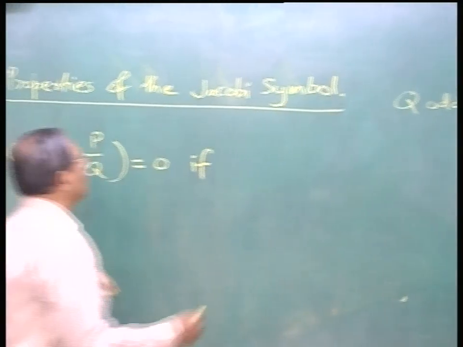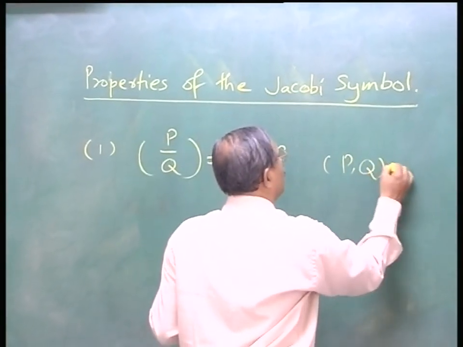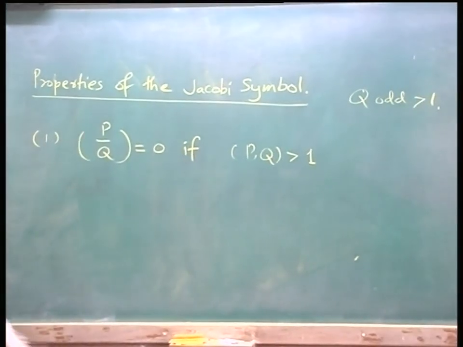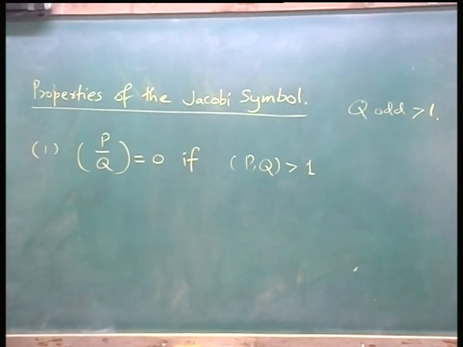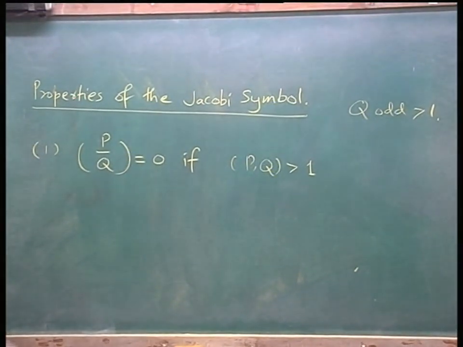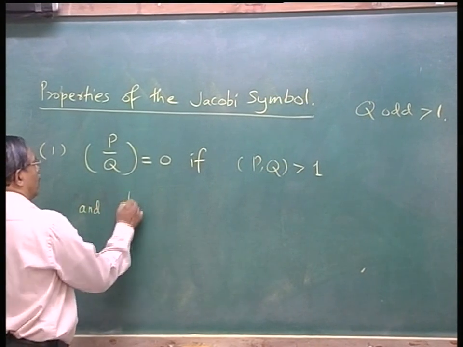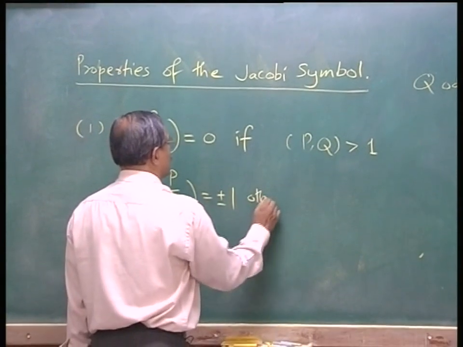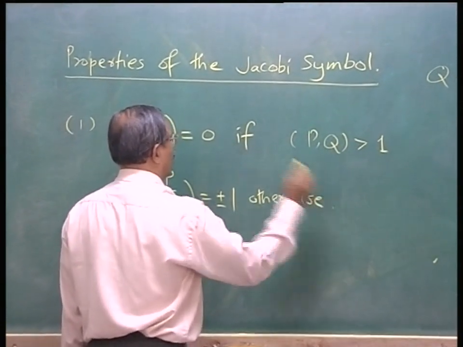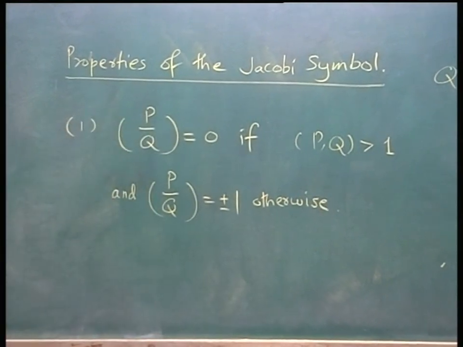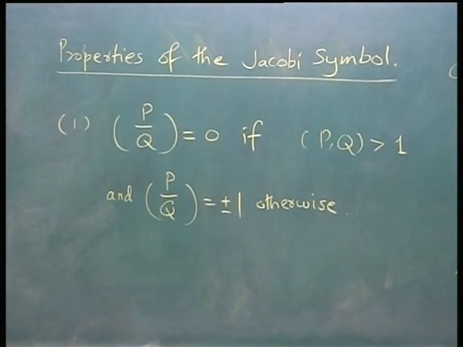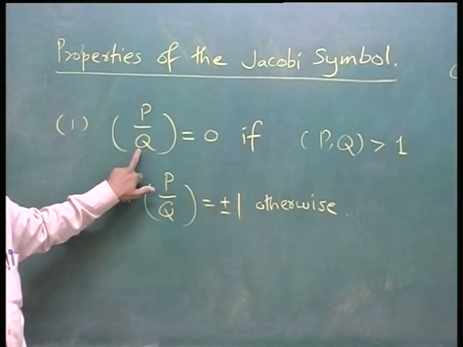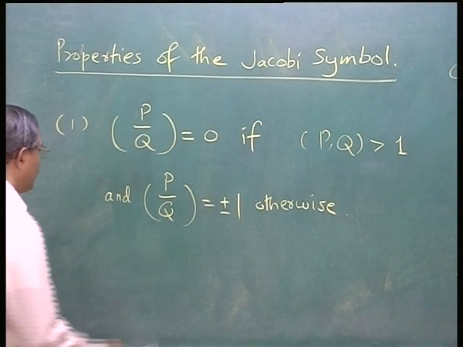(P/Q) equal to 0 if the GCD of P and Q is bigger than 1, and (P/Q) equal to plus or minus 1 otherwise. This follows from the factorization of Q and the definition of the Jacobi symbol.